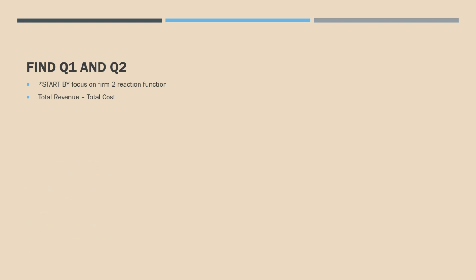The total revenue minus the total cost gives us the total profit of each firm. So the total revenue is (401 minus (Y1 plus Y2)) times Y2, minus the total cost, which is 3Y2. Once I remove the brackets, I get 401Y2 minus Y1Y2 minus Y2 squared minus 3Y2. All of this is Firm 2's reaction function.